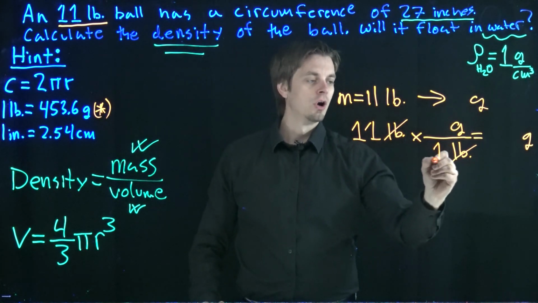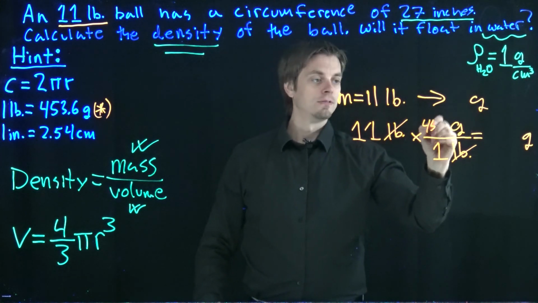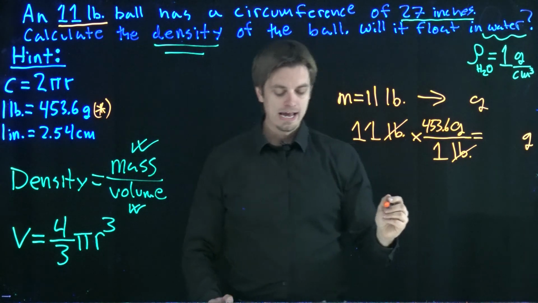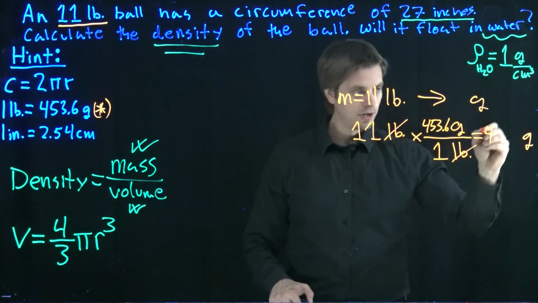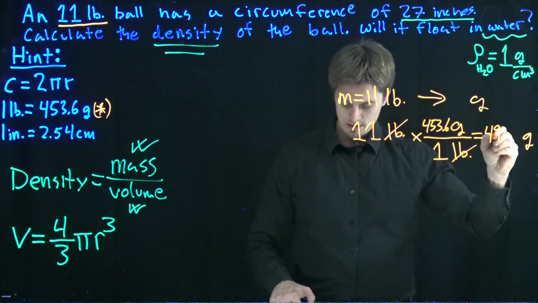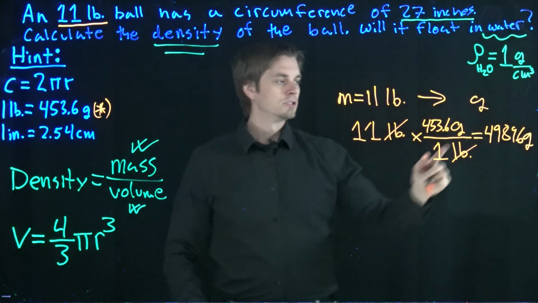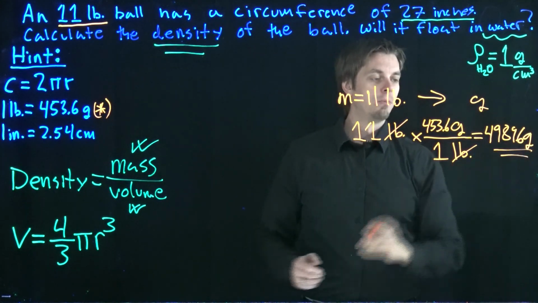We see that 1 pound is 453.6 grams. And if we carry that out, which I did here, we have 4989.6. Okay? So that's the total mass in grams of our ball.